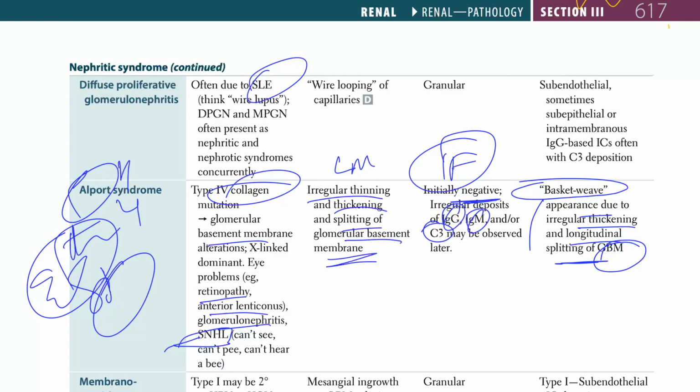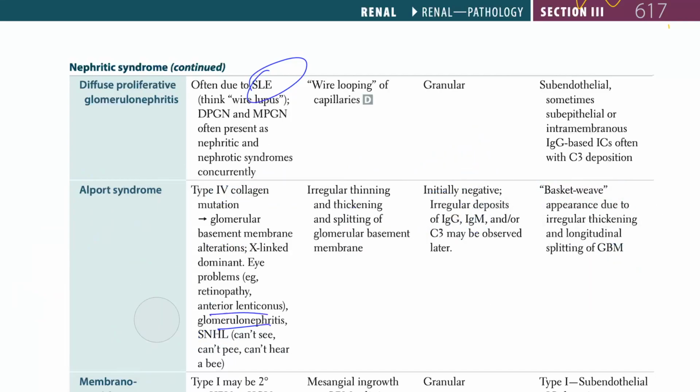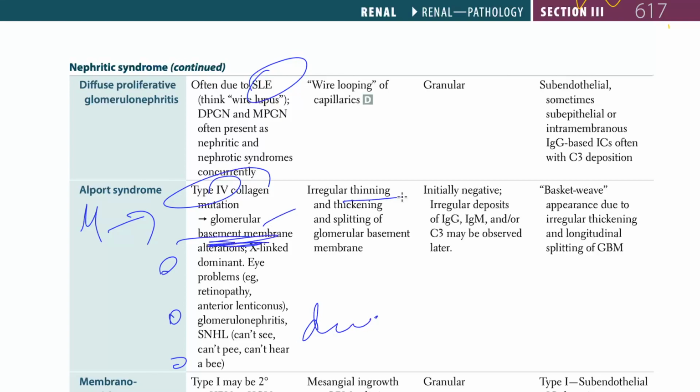The whole point is that type 4 collagen is out, so all these organs which need type 4 collagen will be defective. Because the basement membrane is defective, you have thinning and splitting, leading to basket weave. Okay, so that's what we have for Alport.